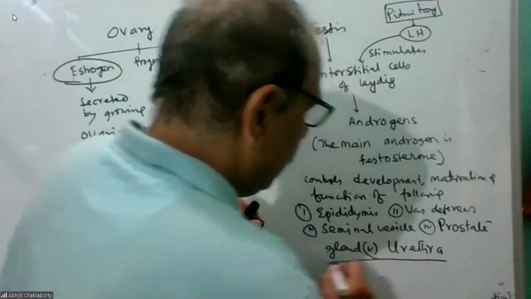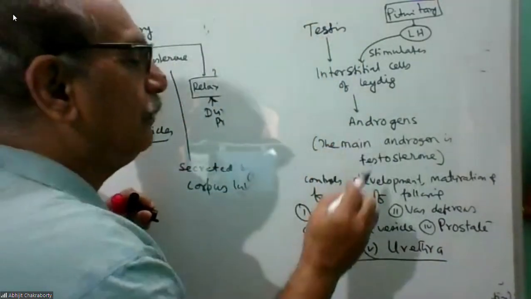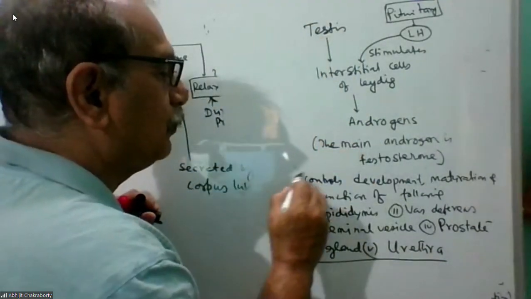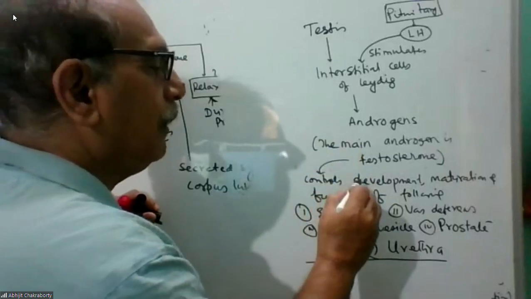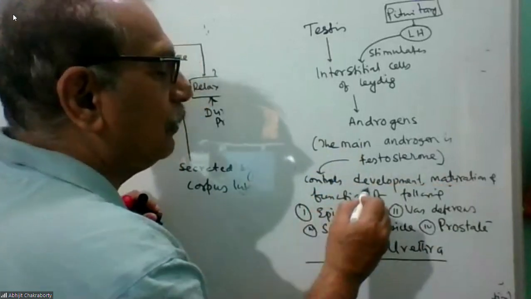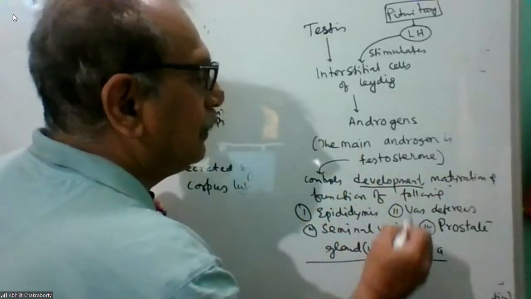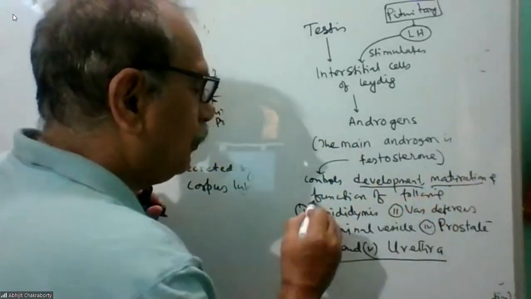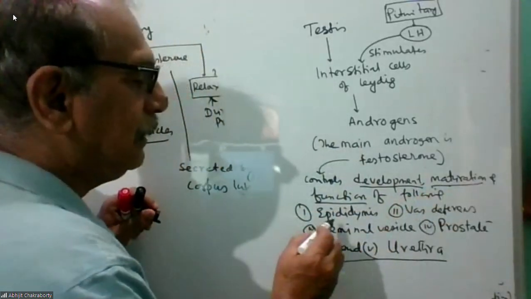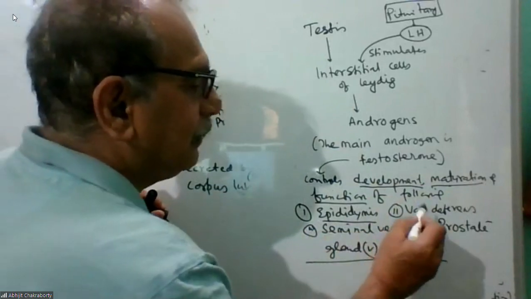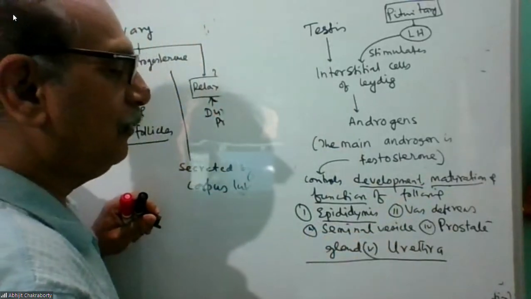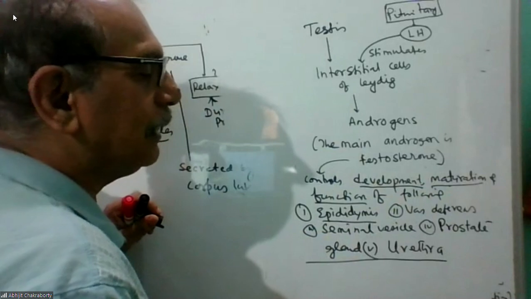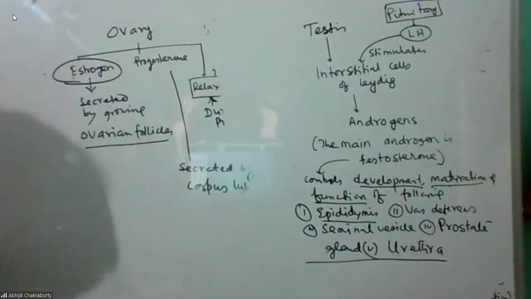You have to remember that testosterone controls development, maturation, and function. All control the development of these, maturation of these, and also function of these. What are these? Epididymis, vas deferens, seminal vesicle, prostate gland, and urethra in male. So this is the most important function carried out by these hormones.